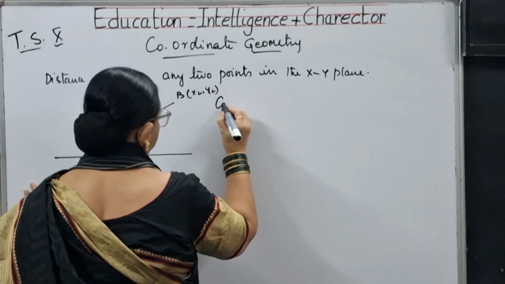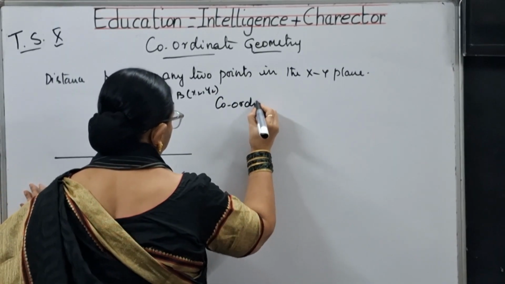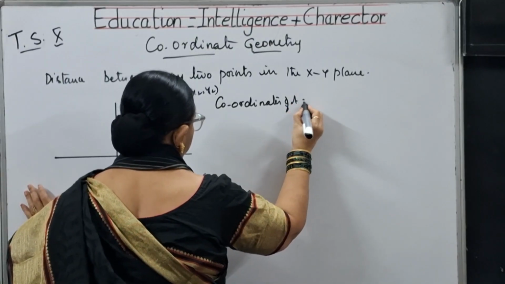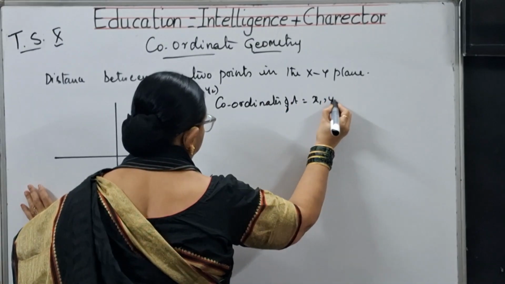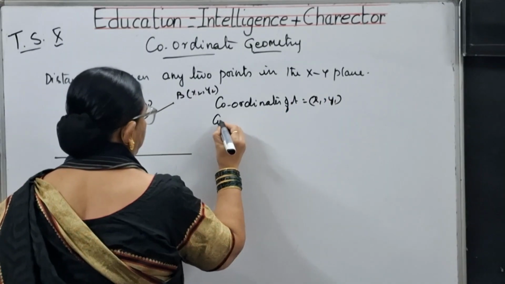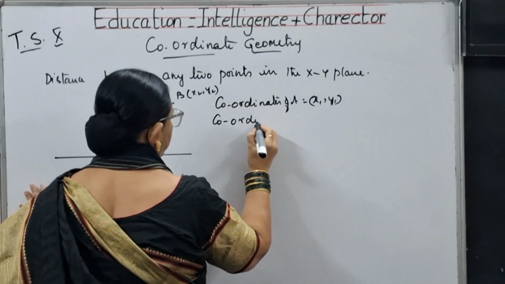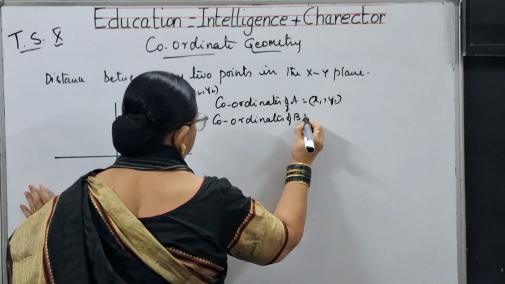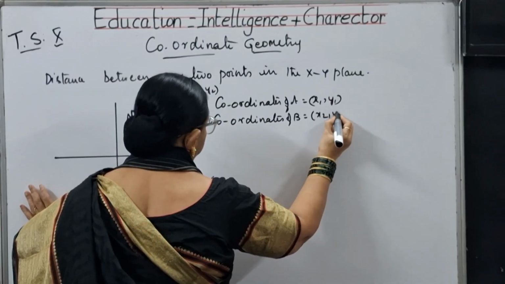Now, coordinates of A is equal to x1 comma y1, and coordinates of B is equal to x2 comma y2.